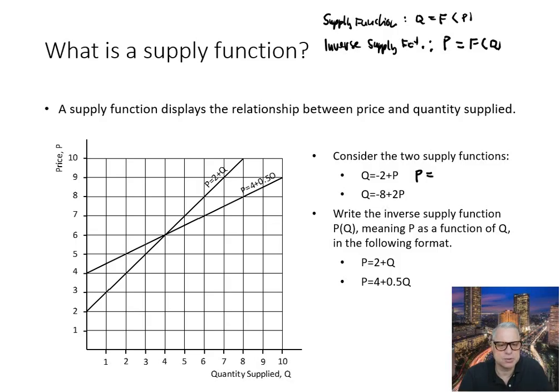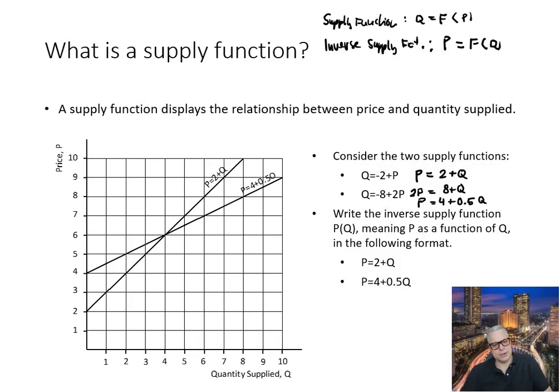If you take a look at this one, we just add 2 on both sides, and then we get 2P equals 8 plus Q, and then in the second step we divide both sides by 2, and then we get P equals 4 plus 0.5Q.